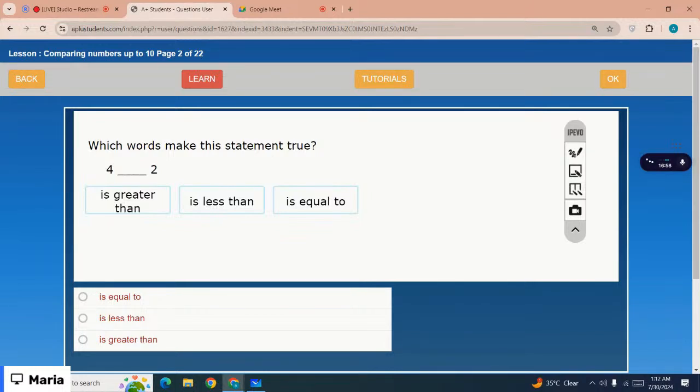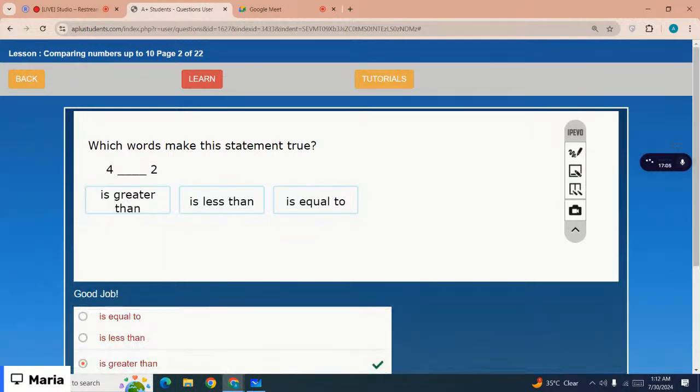Yes, when you count, 4 comes after 2. So 4 is greater than 2. The correct option is greater. Got it?